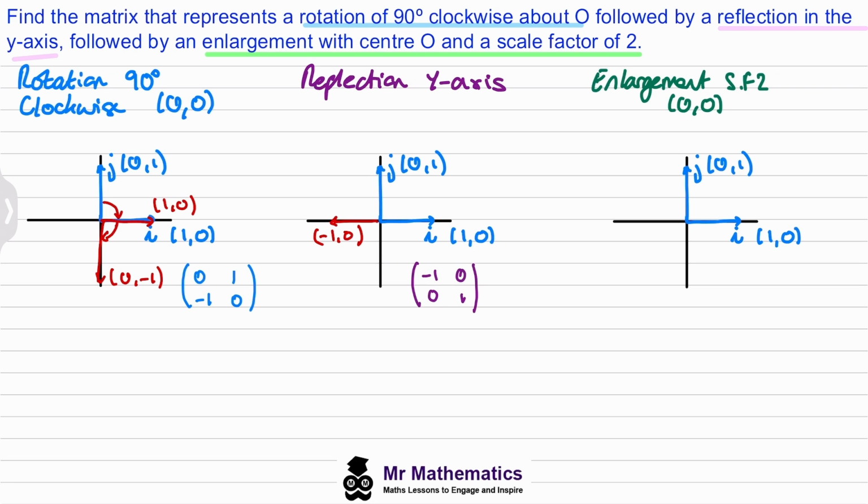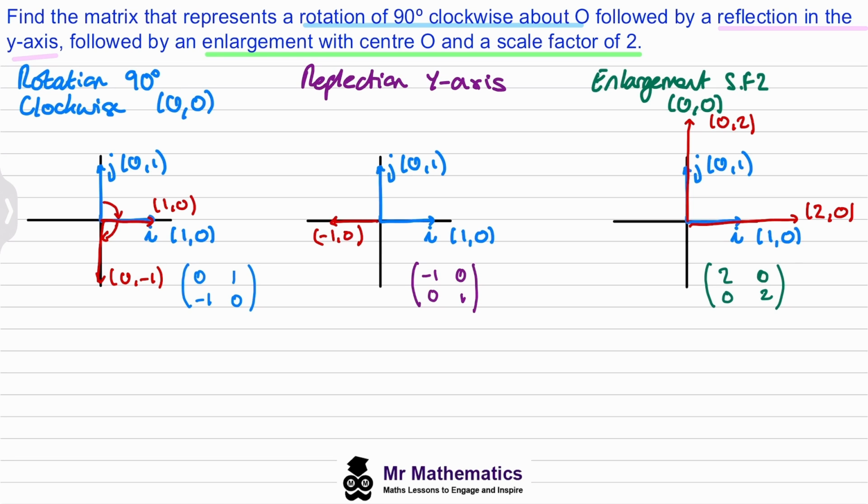For our enlargement, if we enlarge i by a scale factor of 2 from the origin, the image will have coordinates 2, 0. And if we enlarge j by the same enlargement, the image will have coordinates 0, 2. So this transformation matrix will be 2, 0, 0, 2.